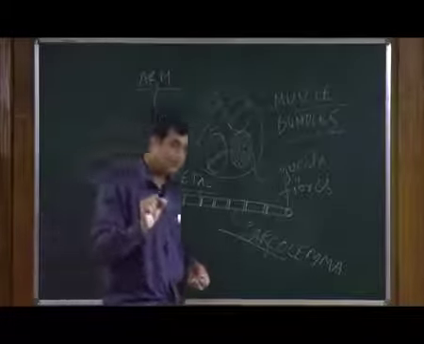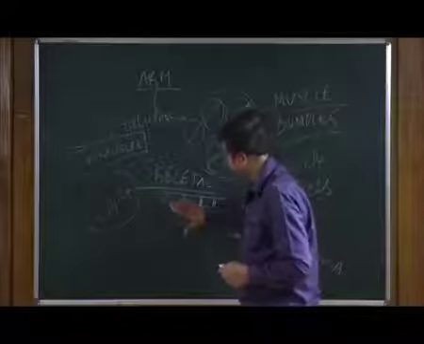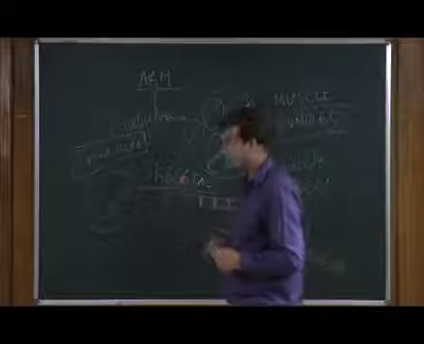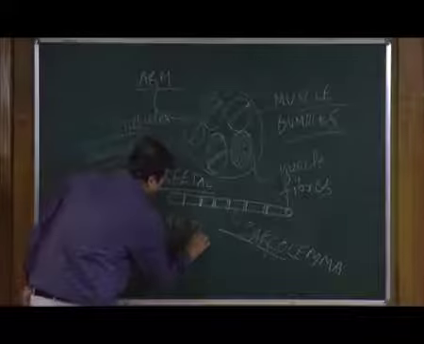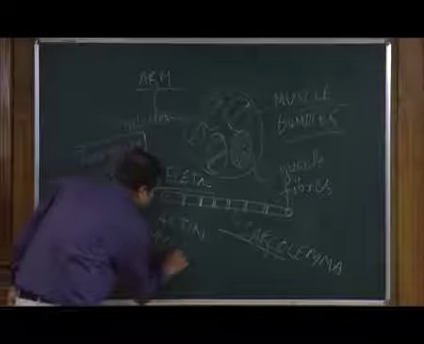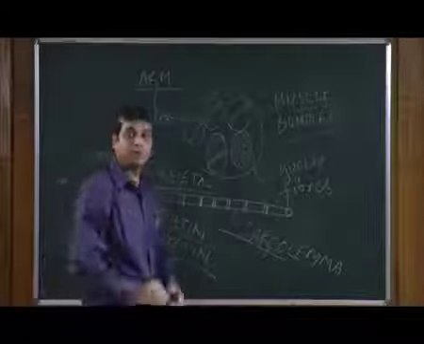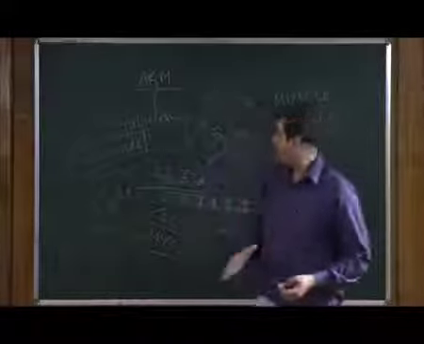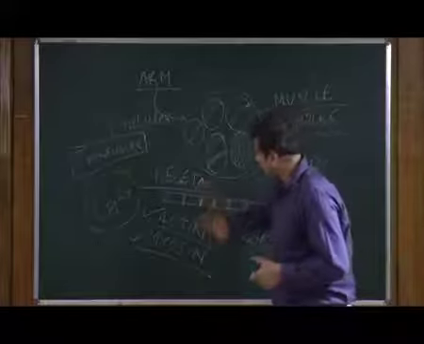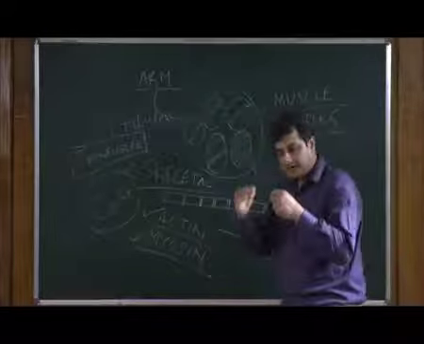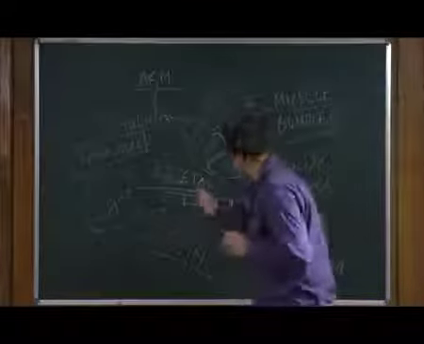Now, one thing I will just highlight here, and then we will discuss it in coming classes. This muscle is mostly made up of two distinct kinds of protein. One is called actin and the other is called myosin. These two protein molecules are the most abundant in this muscle fiber, and we will discuss why actin and myosin give a typical structure to this muscle fiber.